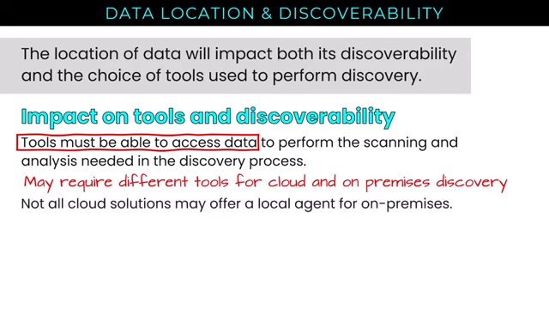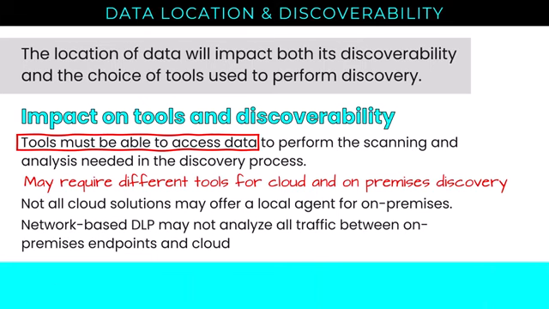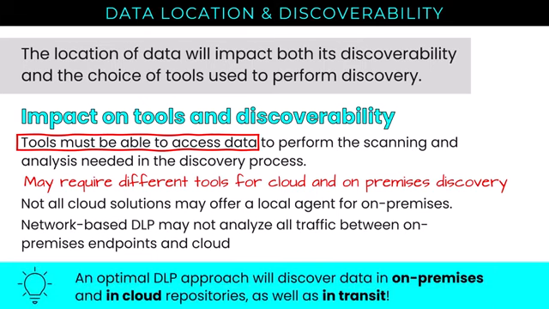Not all cloud solutions may offer a local agent for on-premises, something we need to consider in tool selection. Network-based DLP tools may not analyze all traffic between on-premises endpoints and the cloud, so another consideration. An optimal DLP approach will discover data in on-premises and in cloud repositories as well as data in transit.